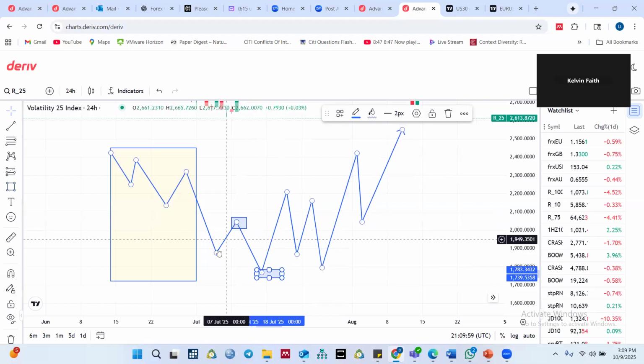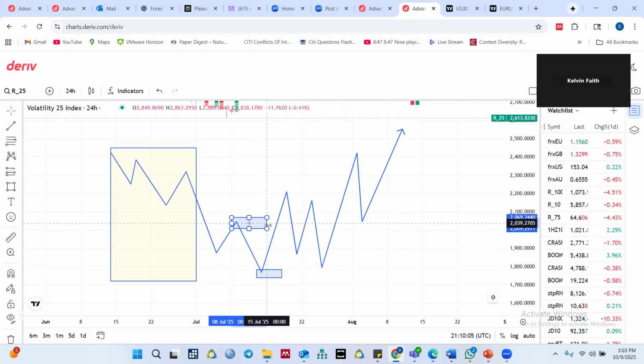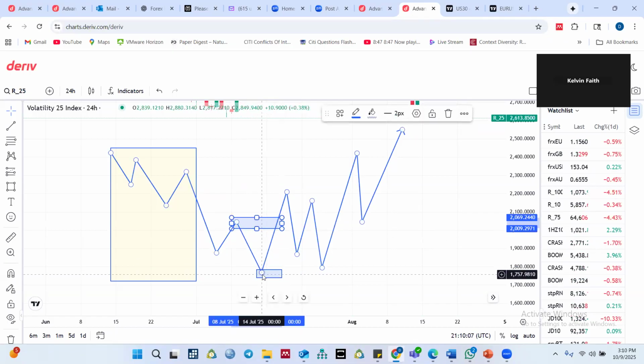The moment you see that last lower high taken out by an impulsive move, we can call this point a change of character or a break of structure. They are not the same thing, but we can use them interchangeably. So let's just say a shift or a break of structure.